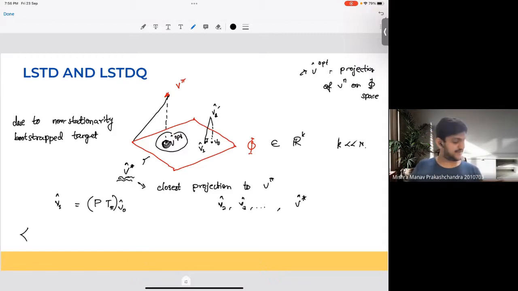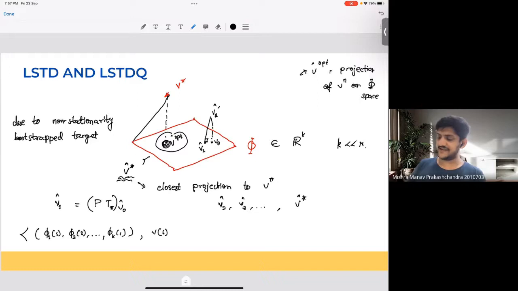And the data that I have is phi1 of s, phi2 of s, this phi of s, comma, my v of s.